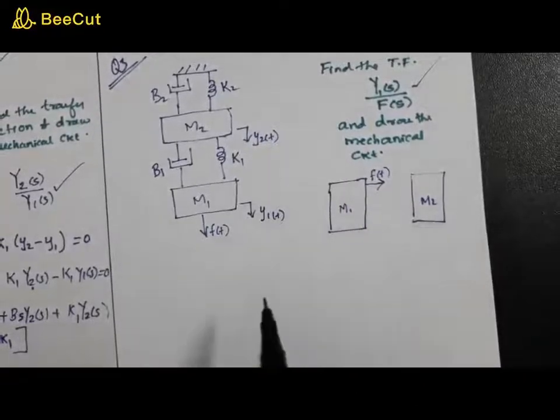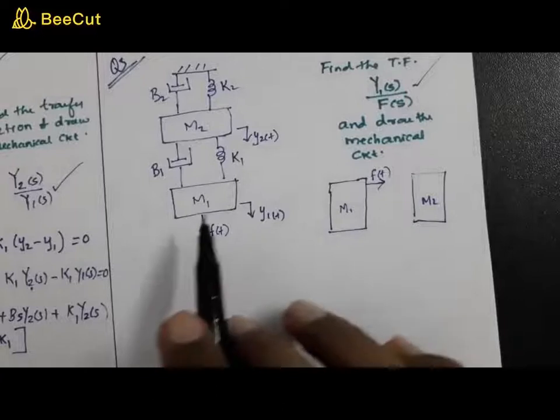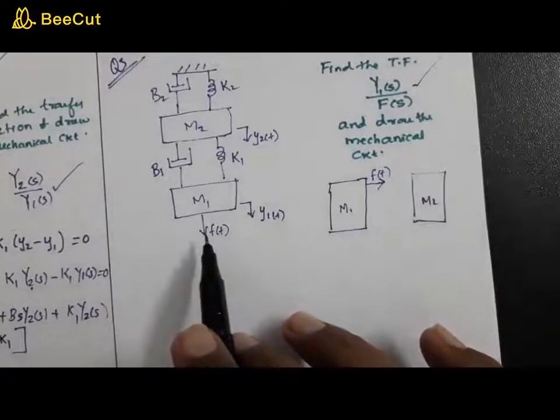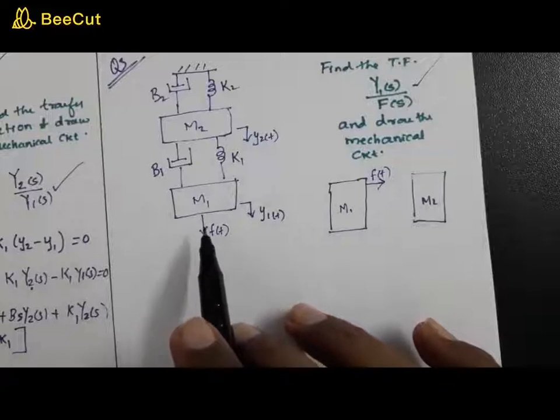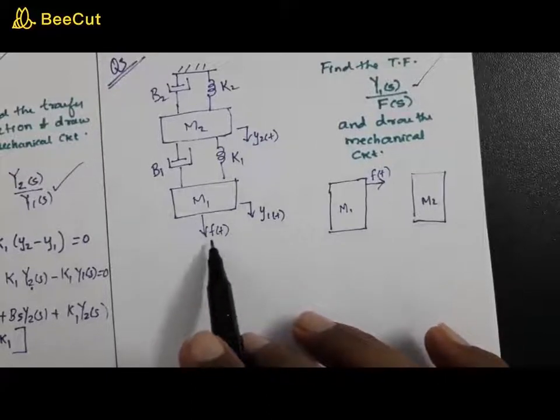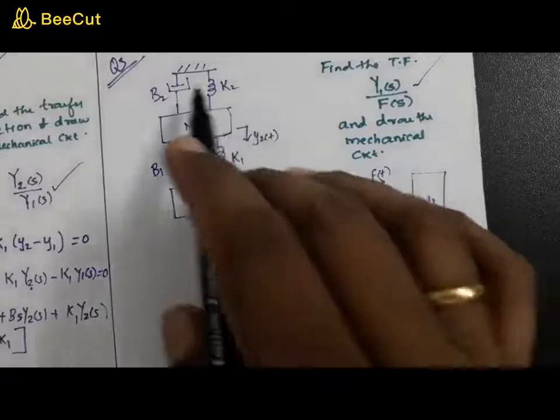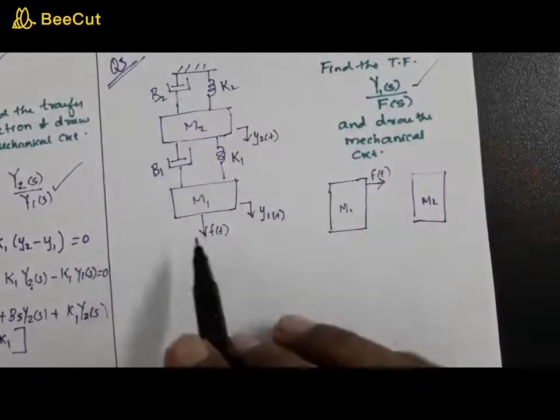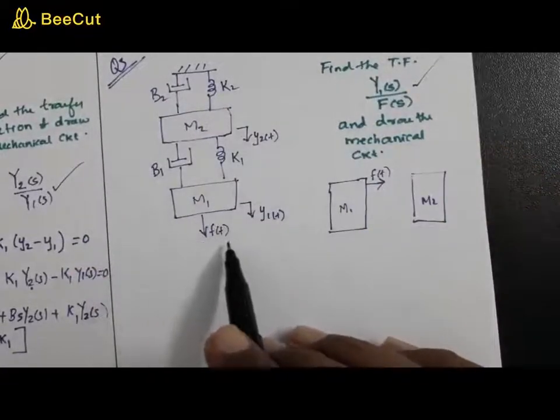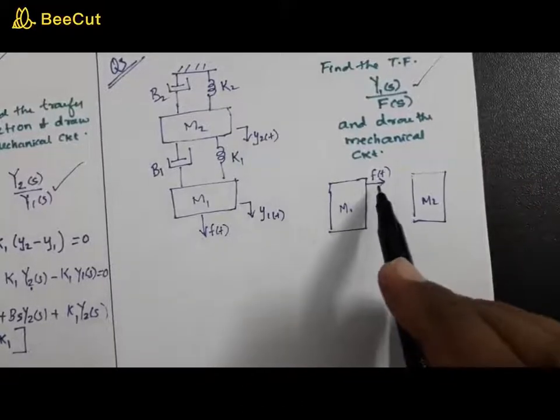Now coming to M1. From this figure it is very clear that the force is applied on M1, and this is the external force. All the other forces are generated internal to the system, but this force, F of t, is an external force.